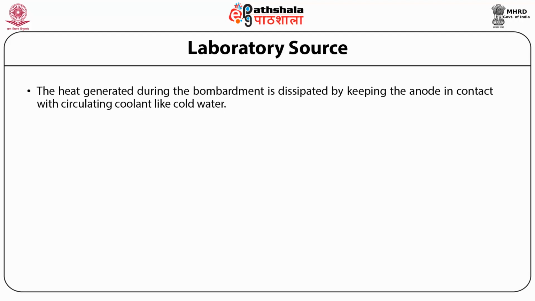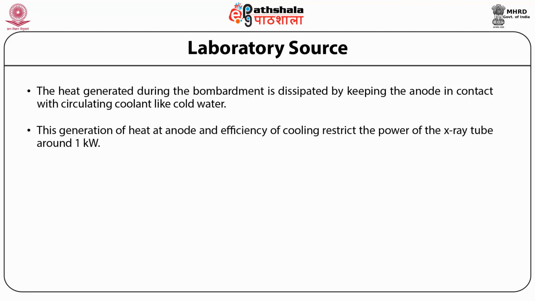The heat generated during the bombardment is dissipated by keeping the anode in contact with a circulating coolant like cold water. This generation of heat at the anode and the efficiency of cooling restrict the power of the X-ray tube to around 1 kilowatt.